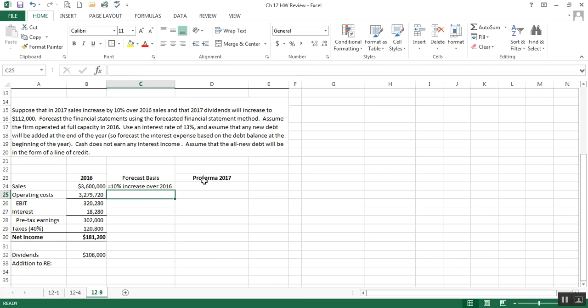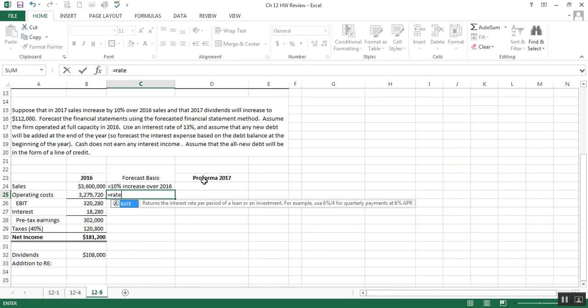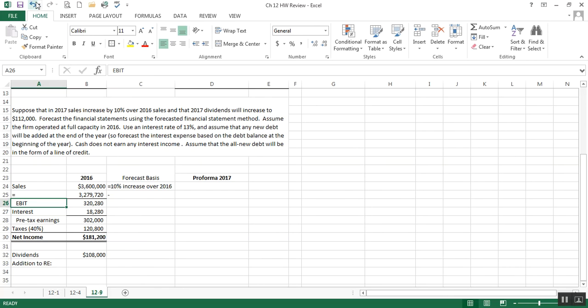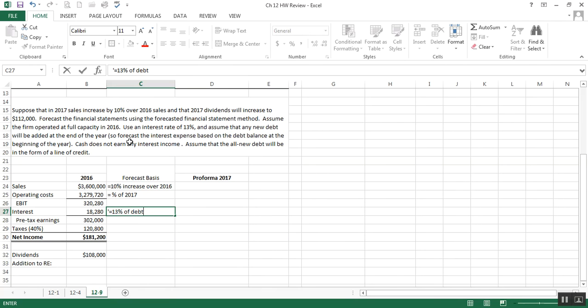And our operating costs are going to equal the same percentage of sales, of 2017 sales, similar to 16. And then we know that our interest is going to equal 13% of debt.